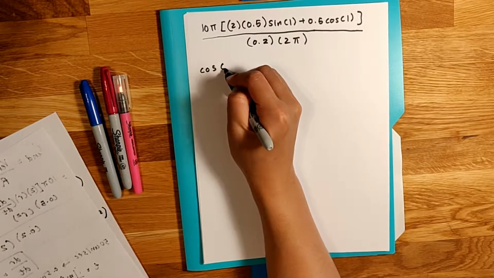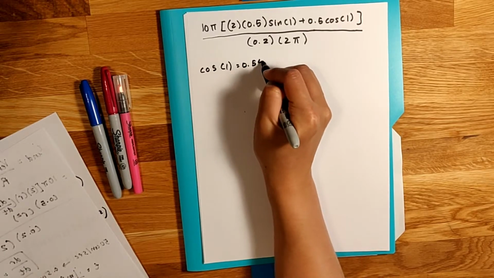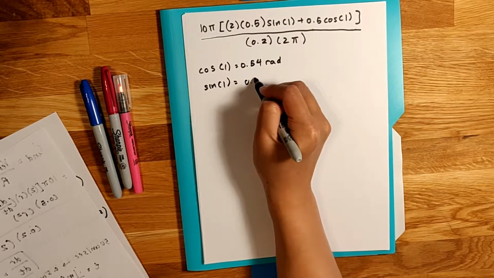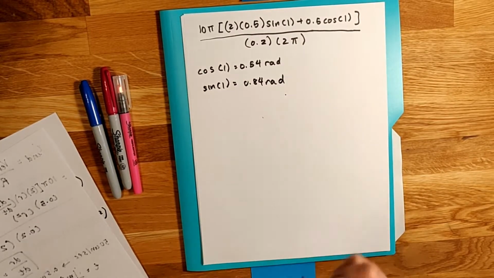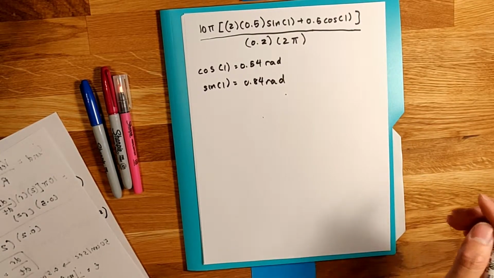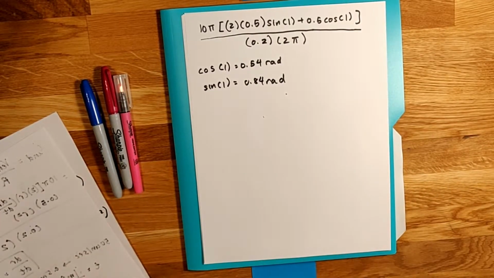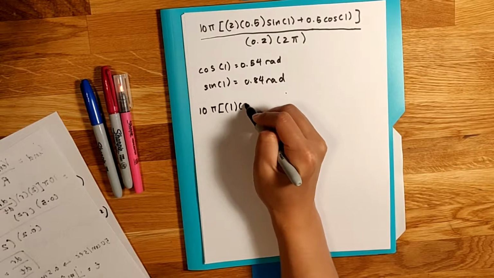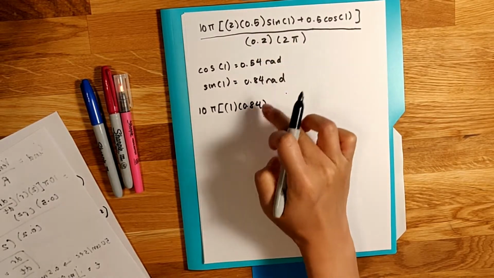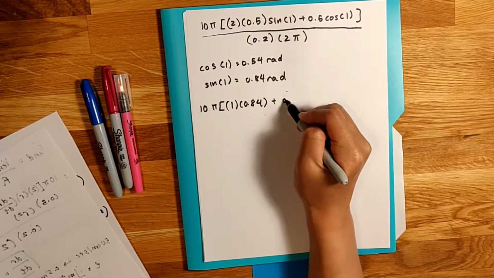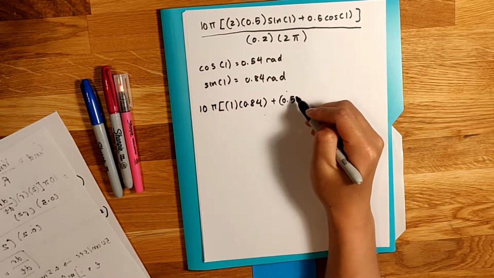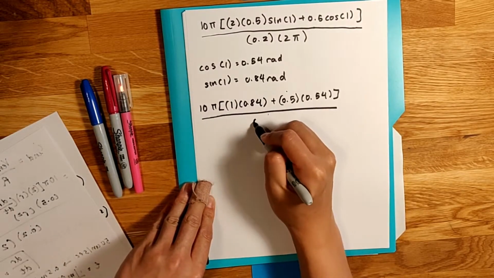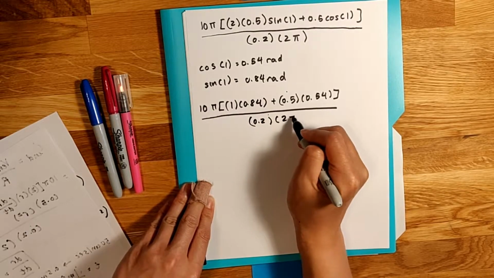Cosine of 1 is equal to 0.54 radians, and sine of 1 is equal to 0.84 radians. So we will get 10 pi times 1 times 0.84 plus 0.5 times cos 1, which is 0.54. All of that divided by 0.2 times 2 pi.